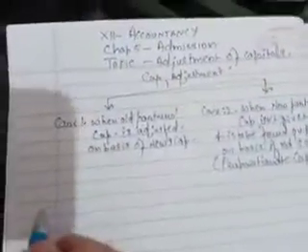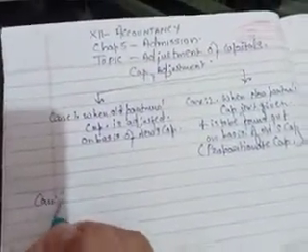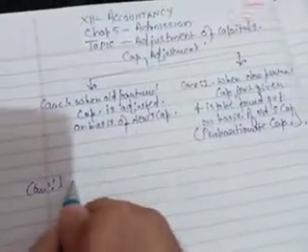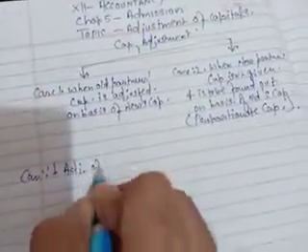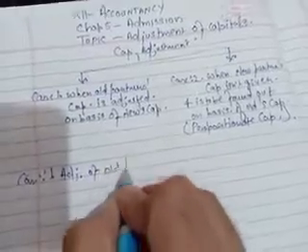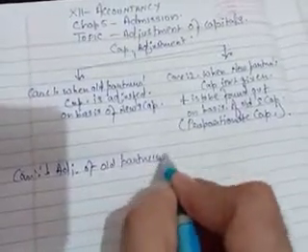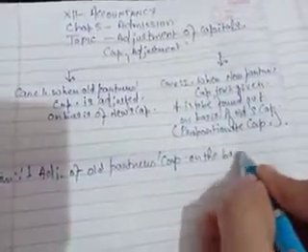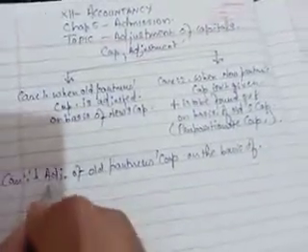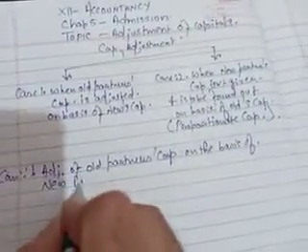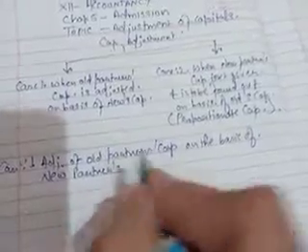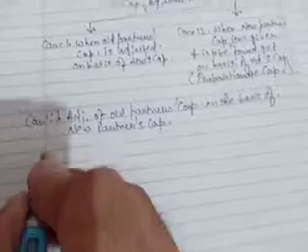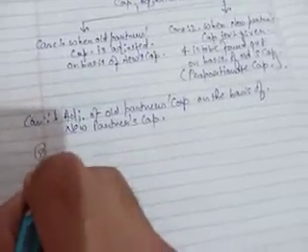So let's start with case 1, that is adjustment of old partners' capital on the basis of new partners' capital. So basically the following steps are to be implemented.